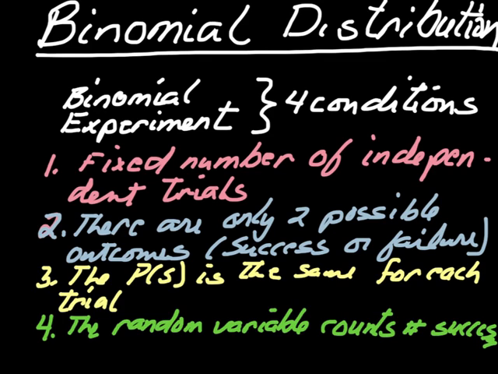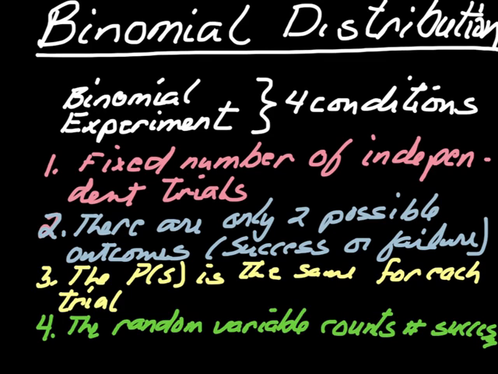So let's go to the four conditions. They're listed below for you on the screen. You might want to pause it and write it down, and then you can write notes as I say them. Okay, first condition is a binomial experiment has a fixed number of independent trials.